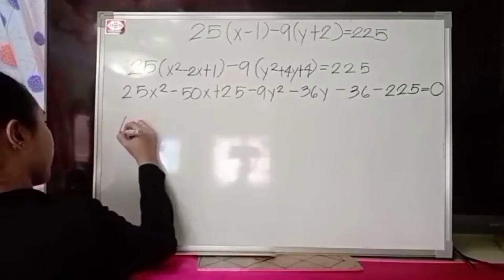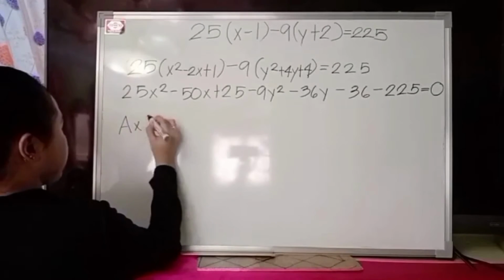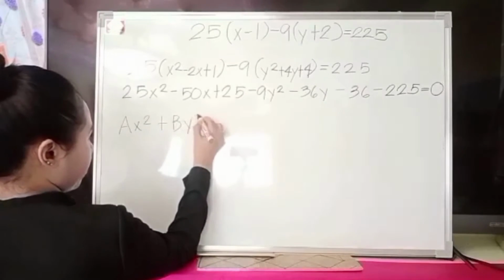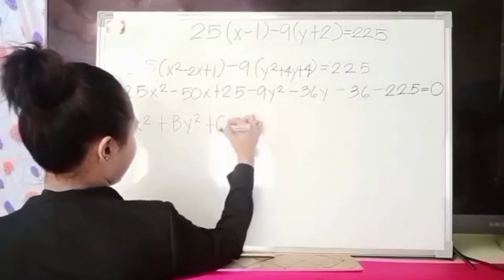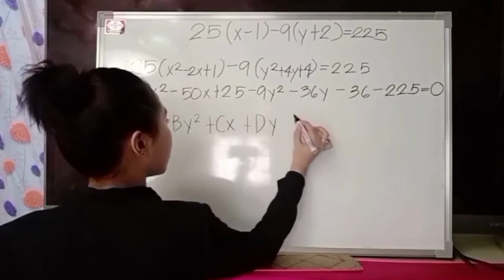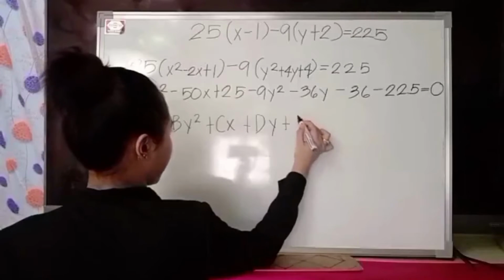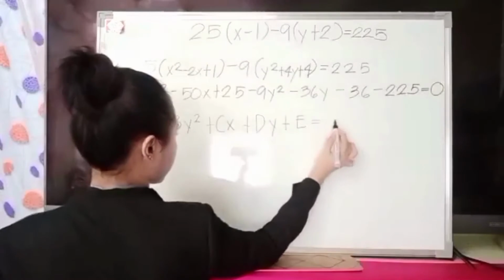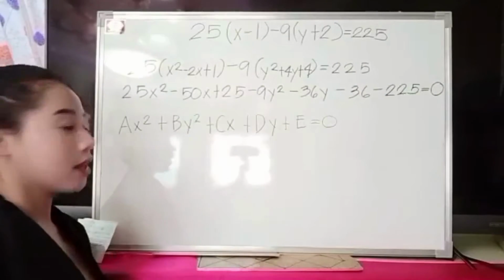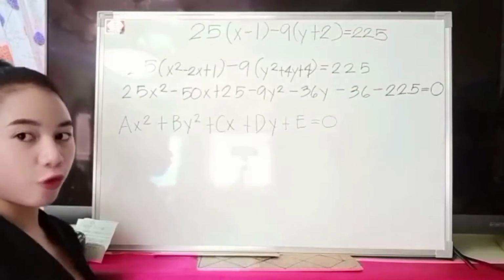So Ax squared plus By squared plus Cx plus Dy plus E equals 0. So, this is the equation of general form.